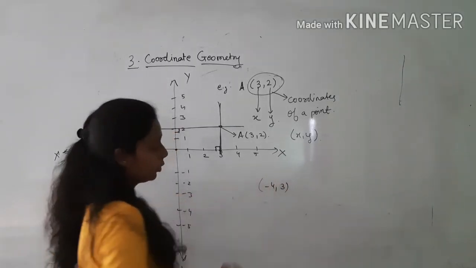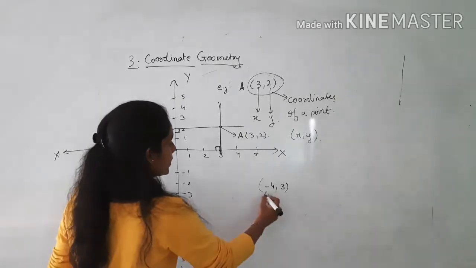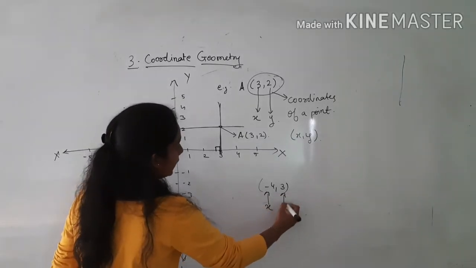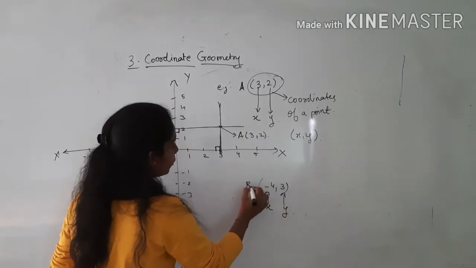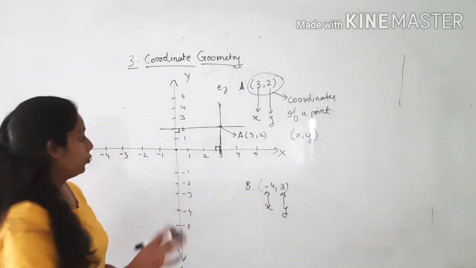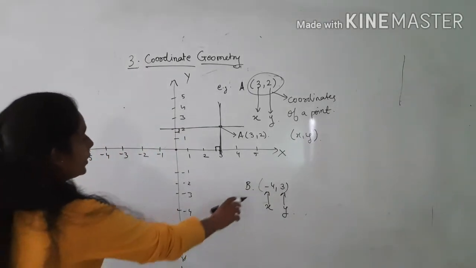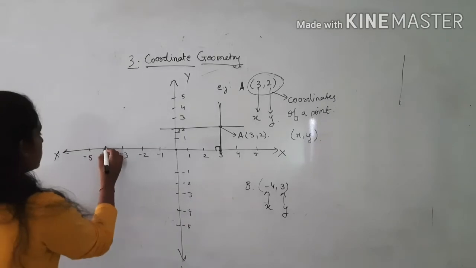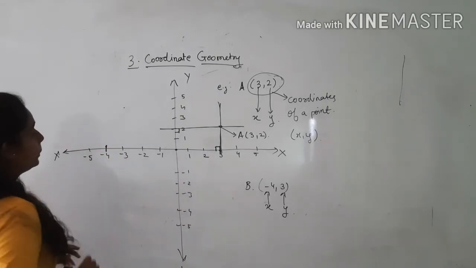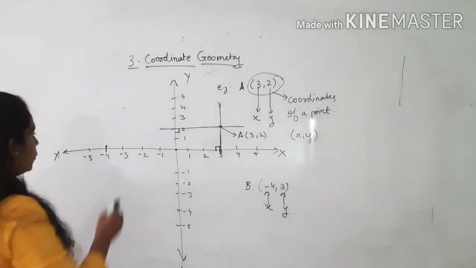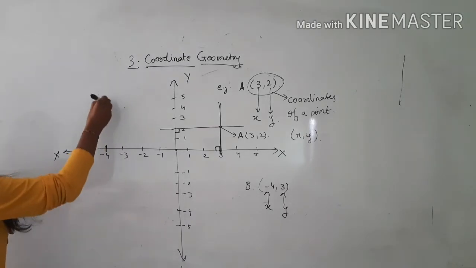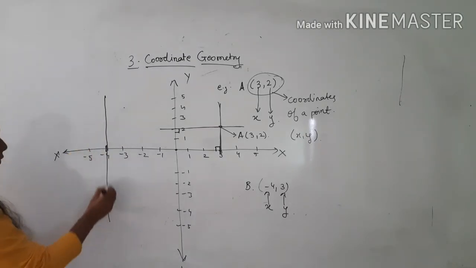Next is -4, 3. Okay. So here the x coordinate is -4, y coordinate is 3. Name it as point B. So where is -4 of x axis? This. So you have to draw the perpendicular at -4. So students, a perpendicular can be drawn above, it can be drawn below.